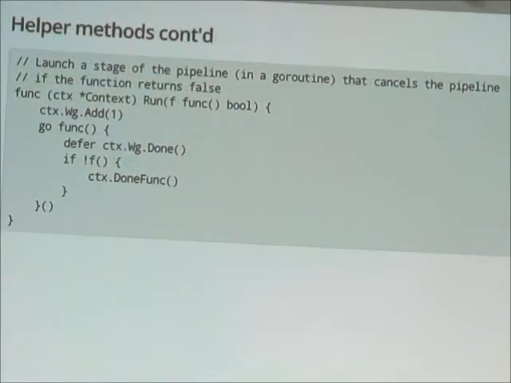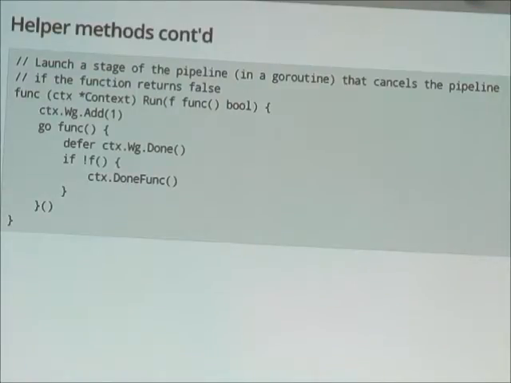So this run helper method, we're passing in a function that we want to run as part of the stage. We're incrementing the wait group counter, and then we launch the Go routine, and with that defer call, we're decrementing the wait group again when the Go routine exits.